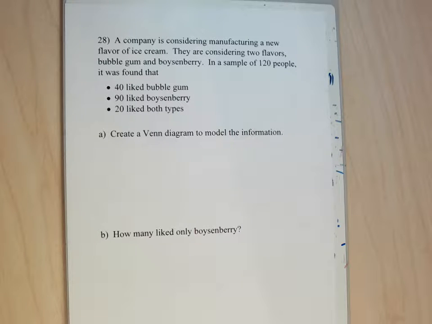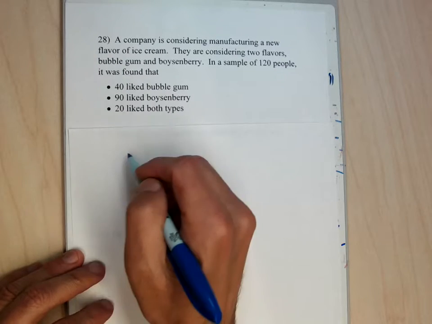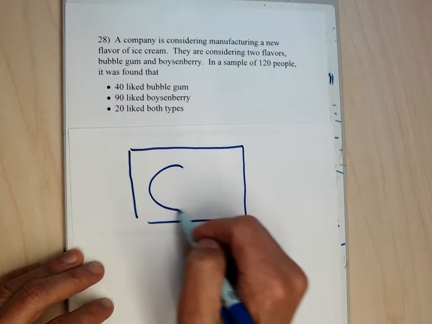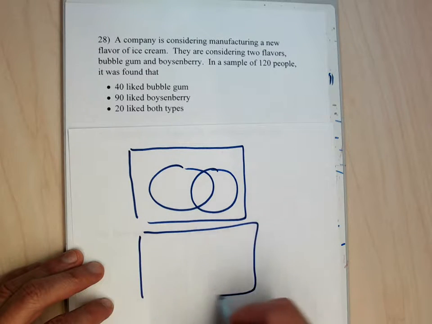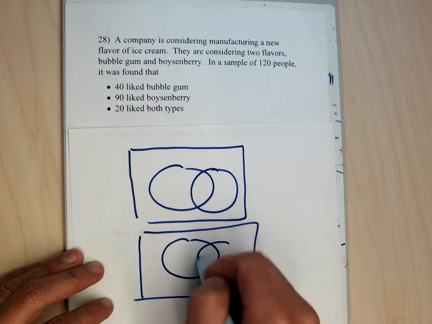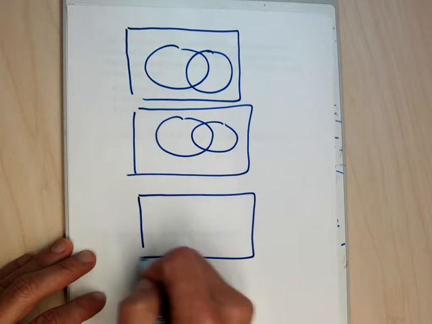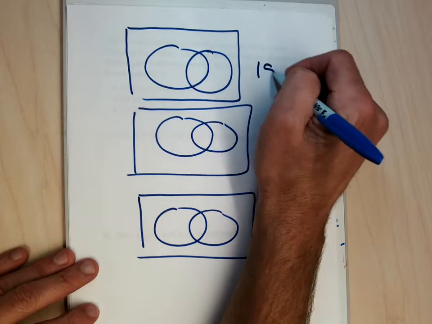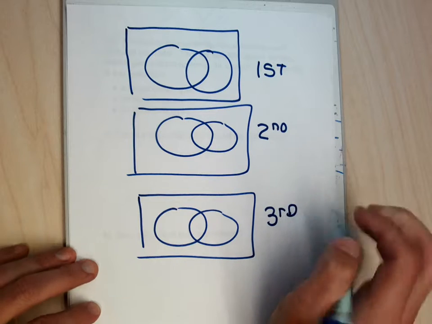Remember, hopefully you remember, that when we create Venn diagrams to model word problems, we have to know the number of circles that we're going to need. And in this problem, there's 2 kinds of ice cream, so there's going to be 2 circles. And we take kind of 3 steps to fill in the Venn diagrams. The 2 circle Venn diagrams, very specifically, we need to do a first number, a second pair of numbers, and a third number.